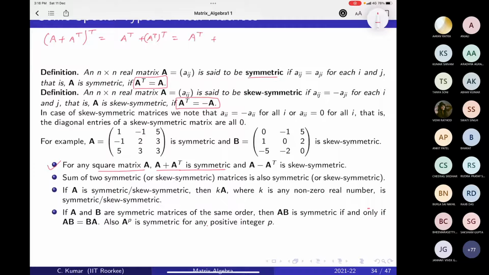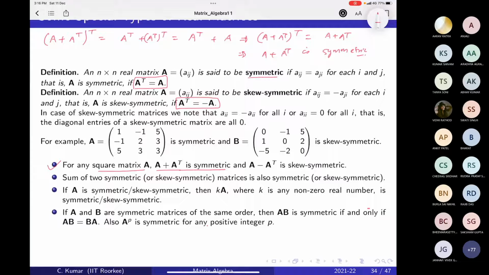A transpose transpose is A. So from here we get that the transpose of A plus A transpose is equal to A plus A transpose. So we can say that A plus A transpose is a symmetric matrix.